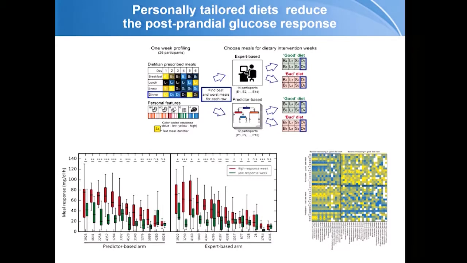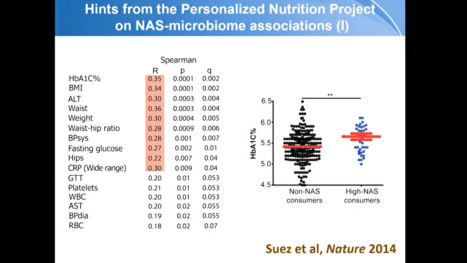Now, this brings me to the artificial sweeteners. So when we were doing this personalized nutrition project, even back in 2013 when we were just collecting the data from this huge cohort, we came across almost accidentally an observation, and this was back when we only had 300 individuals enrolled and quantified, that people who consumed artificial sweeteners seemed to be different as a group as compared to people who were not consuming artificial sweetener in a number of metabolic features, and also they were different in terms of their microbiome composition.